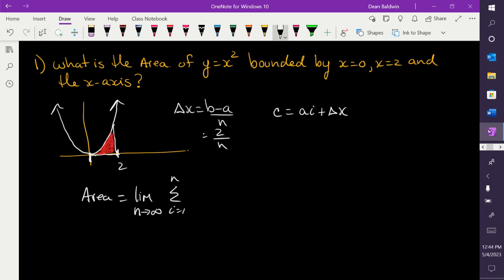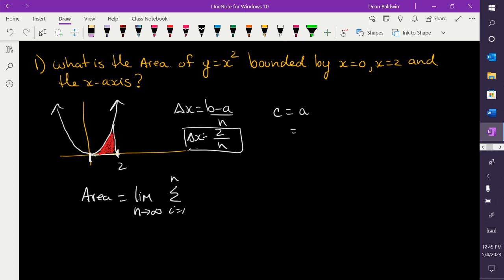That's our delta x. That's the width of each rectangle that we will use. The c value is going to be a, which is, what's a? 0. So that's going to make the i disappear, right? Oh, I wrote it wrong. It's a plus i delta x.